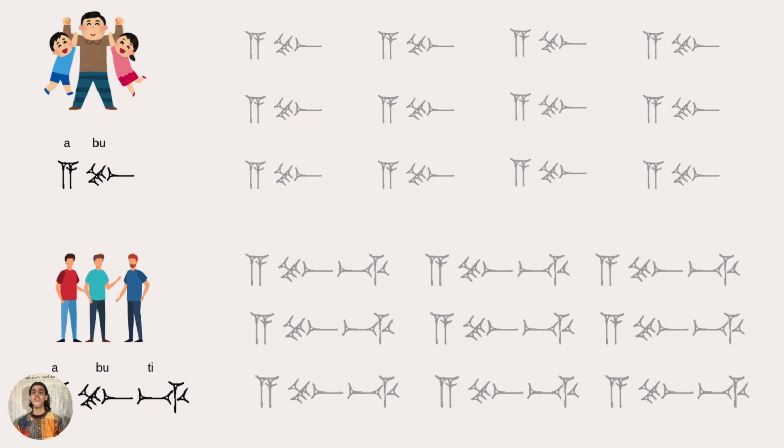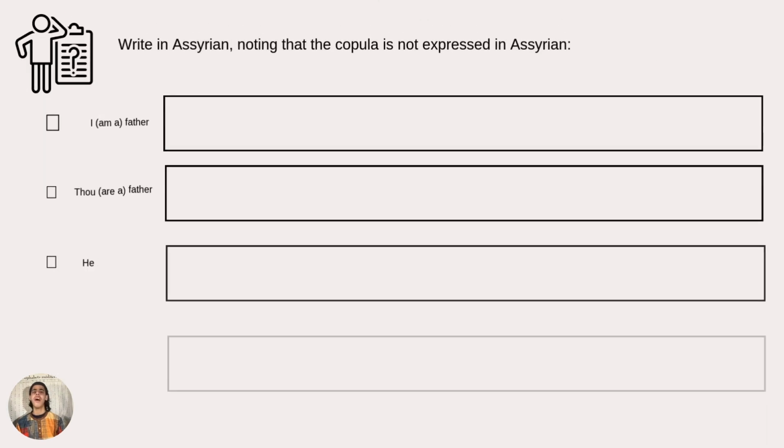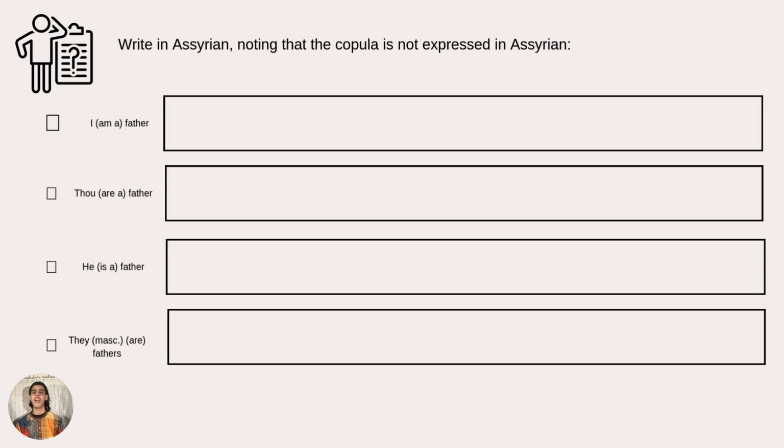As you see, it is going to take time to learn all of them, but not too hard if you work. Now, here we are. If you did this lesson correctly and you took time to learn the signs, you should be able to write in Akkadian the following sentences. Remember that the copula is not expressed.